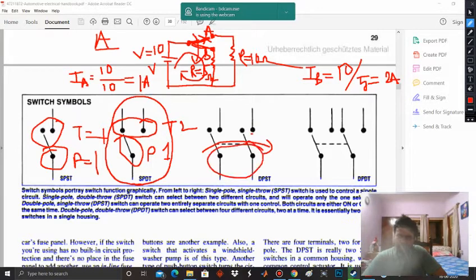So number of poles here is equal to 2, and number of throws here is equal to 1, because it is not due to the two terminals but due to the number of contact positions. If you switch this, they will be on together, and if you turn it to the off position, they will be off simultaneously.